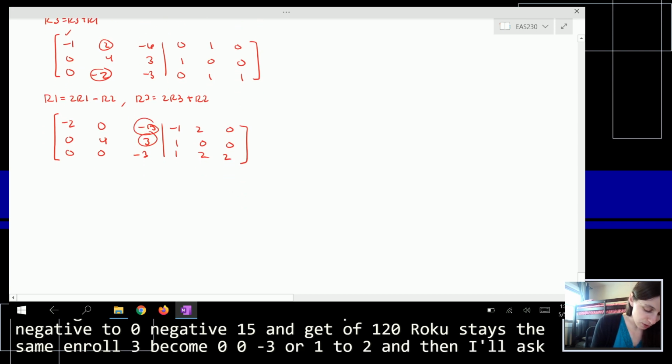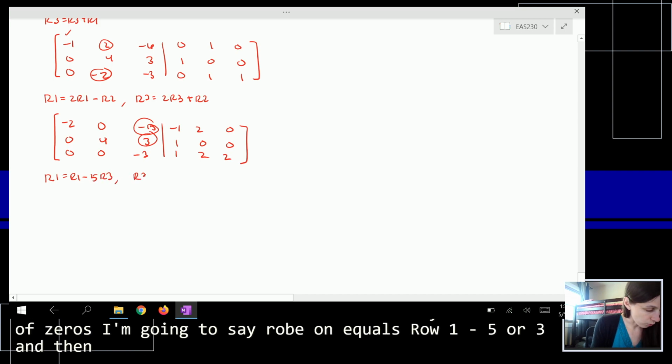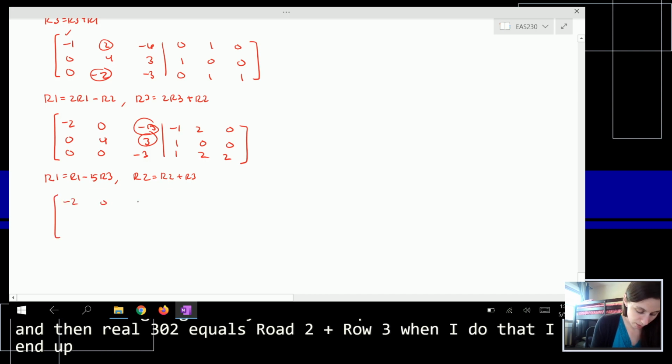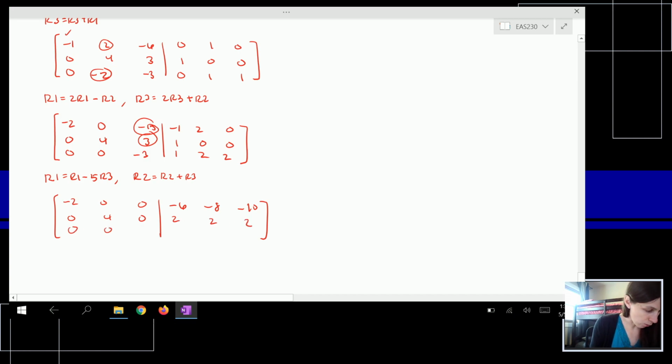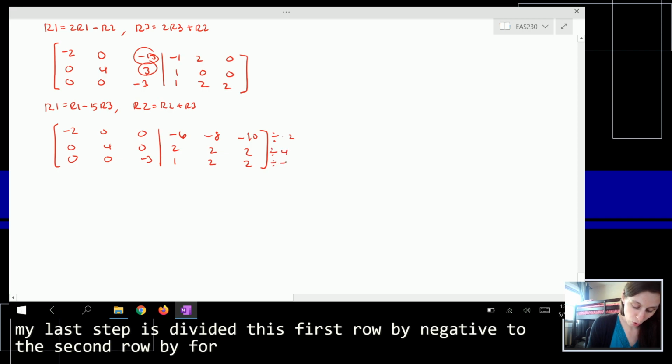And then my last column of zeros, I'm going to say row 1 equals row 1 minus 5 times row 3, and row 2 equals row 2 plus row 3. And when I do that, I end up with all of my zeros where I want them. My last step is to divide this first row by negative 2, the second row by 4, and the third row by negative 3.